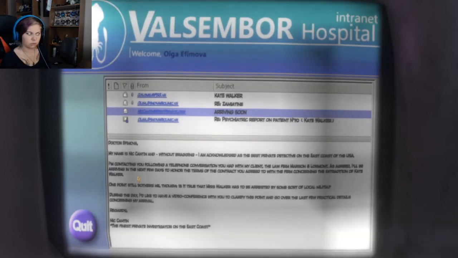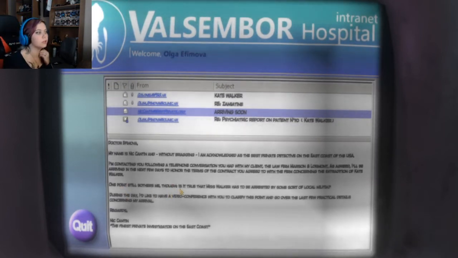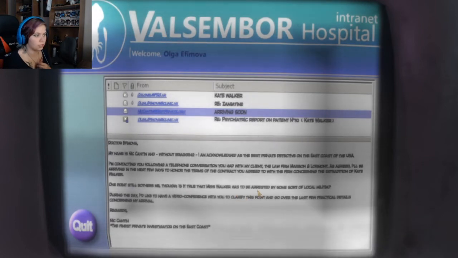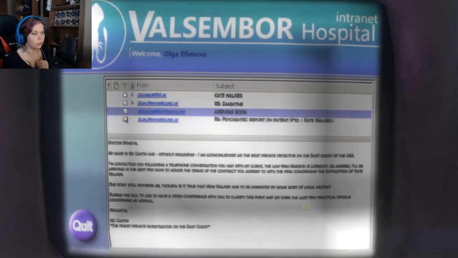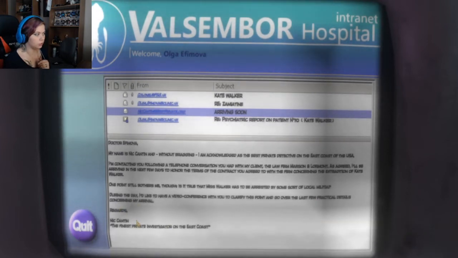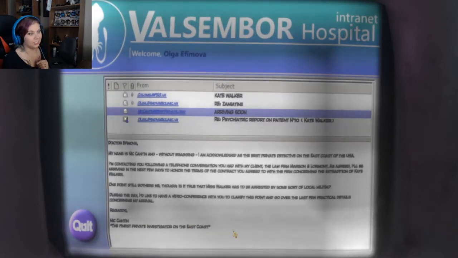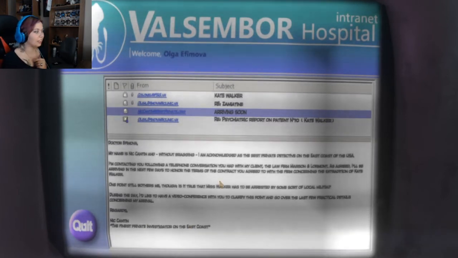Extradition. One point still bothers me, though. Is it true that Miss Walker has been arrested by some sort of local militia? During the day, I'd like to have a video conference with you to clarify this point and go over the last few practical details concerning my arrival. Regards, Nick Canton, the finest private detective on the East Coast. Wow! You're not a peacock or anything.